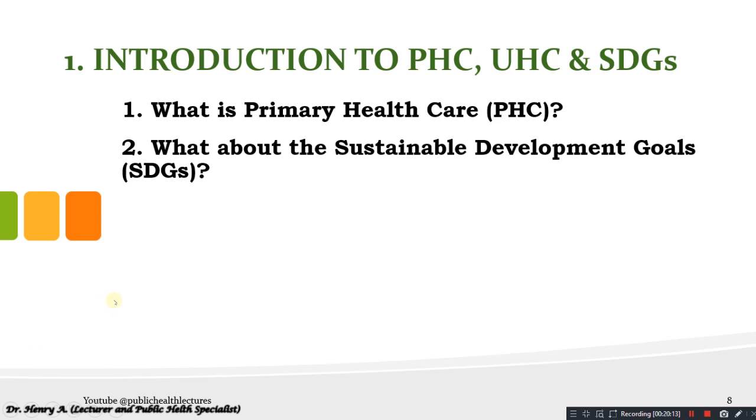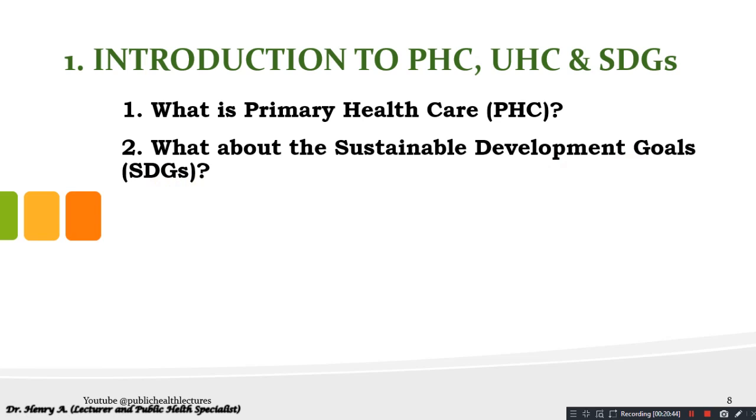Now let's look at the Sustainable Development Goals. What are the Sustainable Development Goals? Particularly SDG 3. How does the SDG agenda incorporate health? To answer this and help you have a better understanding, we will look at a quick intro to the SDGs.